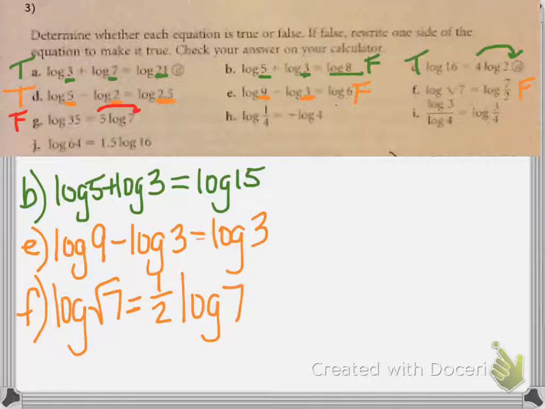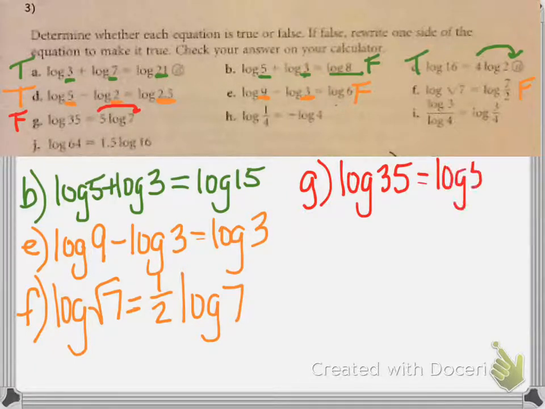So right away G is false, and I would rewrite G as log 35 equals log of 5 plus, and I'm going to run out of room, so I'm going to put it underneath, log of 7. Because when I'm adding my logs, that's when I multiply my two numbers together. 5 times 7 is 35. So that would make a true statement.